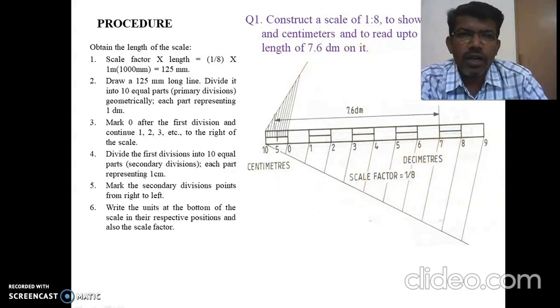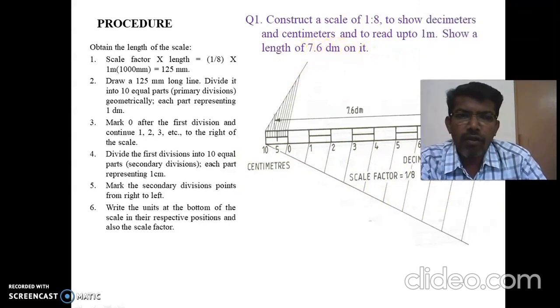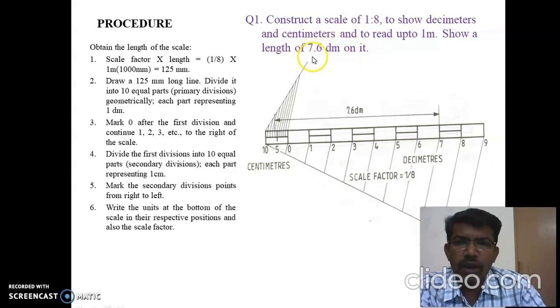So here 7.6 decimeters should be found on the scale. 7.6 decimeters, that is 7 decimeters and 6 centimeters. 0.6 decimeters is nothing but 0.6 into 10, which is 6 centimeters. Okay. So how will you find 7 decimeters?